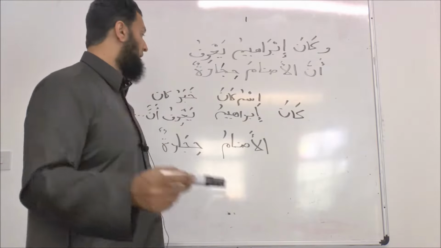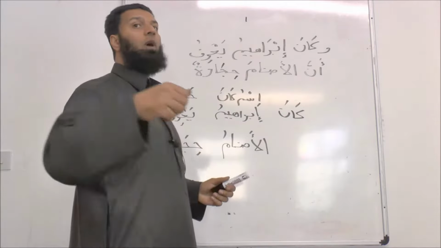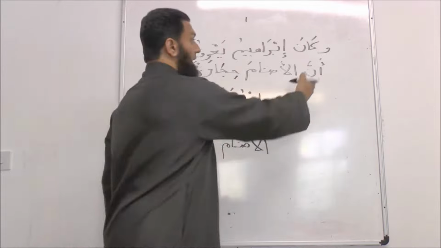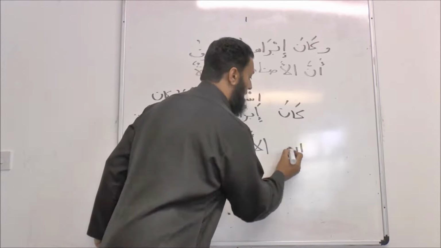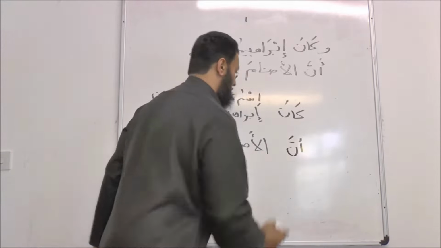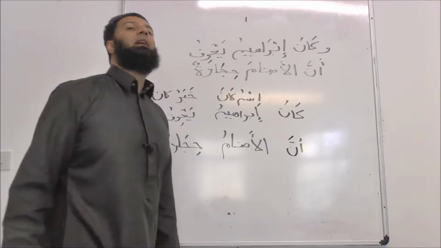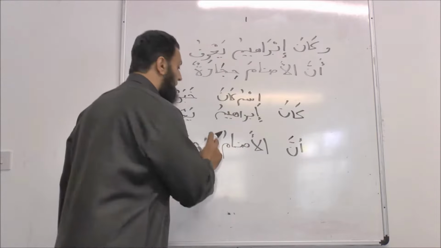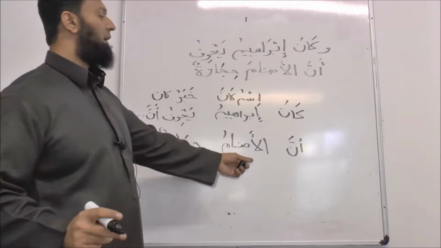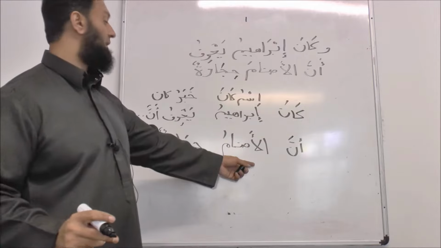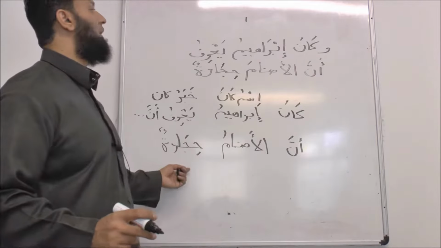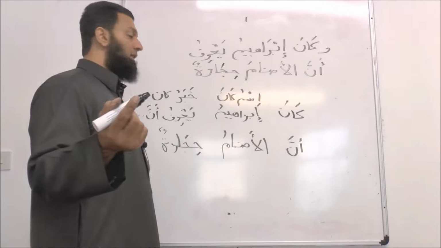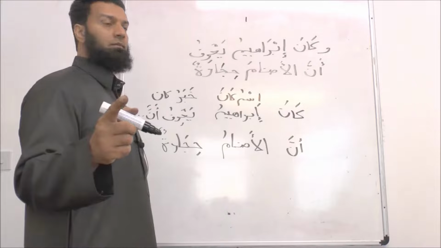Now, when inna wa akhawatuha, inna or one of its sisters like anna, enters upon it, what happens? This is why it's called min al-haruf al-nasikha, that which abrogates. What does it do to al-mubtada'u here? Because that's al-mubtada'u and that's al-khabaru. It makes it mansub.